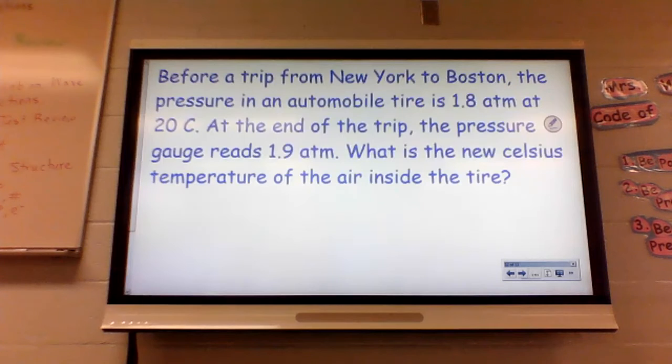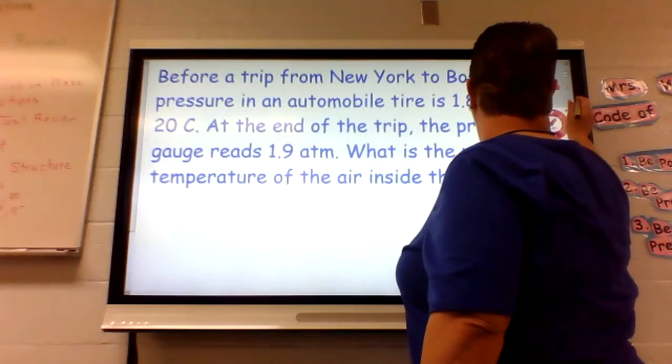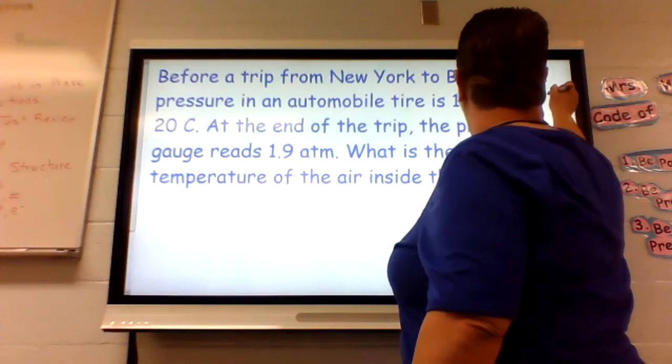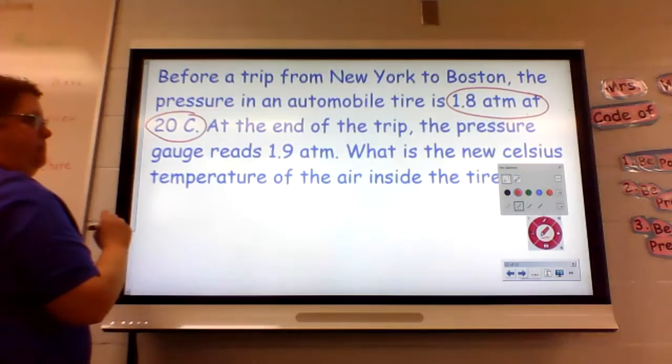All right. Let's talk about what you came up with. So for the question, what's P1? 1.8. So 1.8 at 20 degrees Celsius. Are we okay with that?